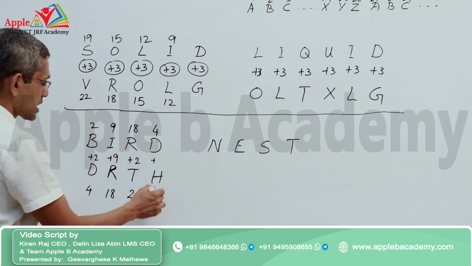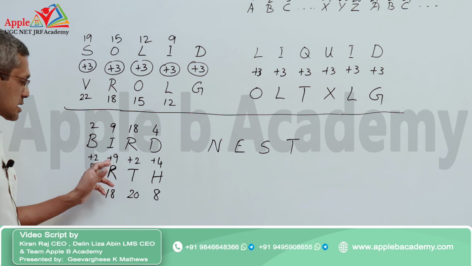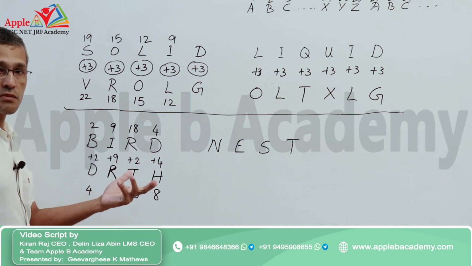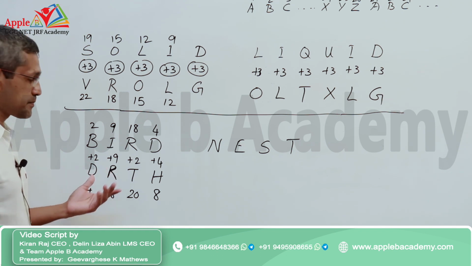However, this is 4 and 8. 4 plus 4 is 8. So it is plus 2 plus 9 plus 2 plus 4. Doesn't make any sense. But some of the questions, you know what?